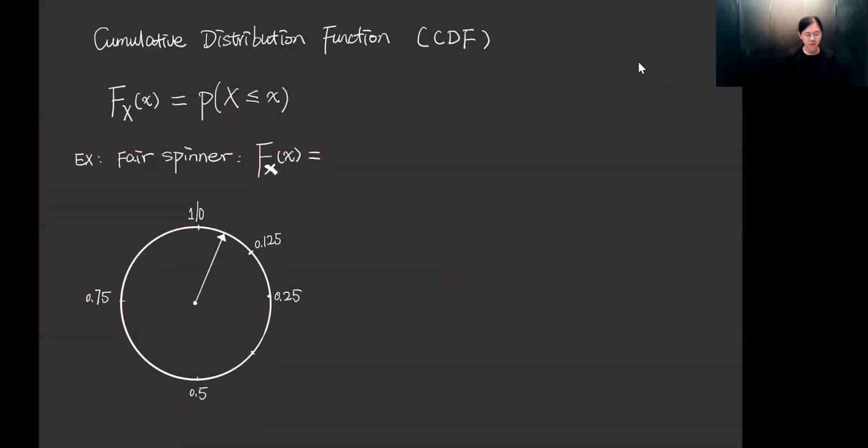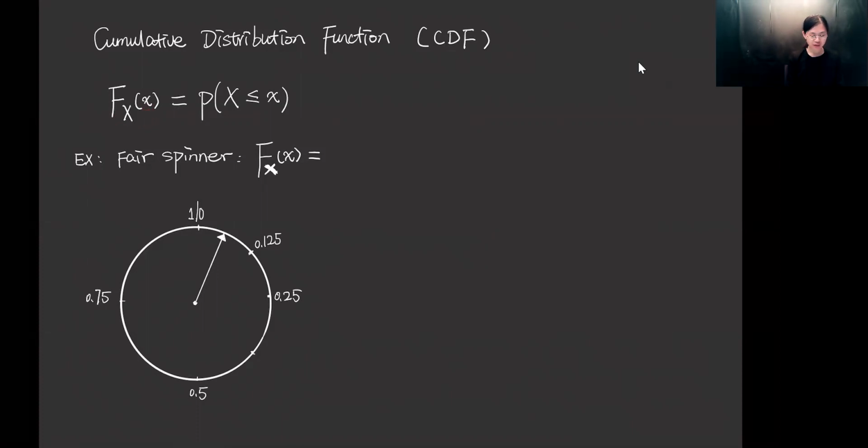Instead, we're going to define some other concepts that can be used to describe the distribution of continuous random variables. The first is the cumulative distribution function, or CDF. The cumulative distribution function is denoted capital F subscript X, meaning that this is the CDF of the random variable capital X, evaluated at a point little x.